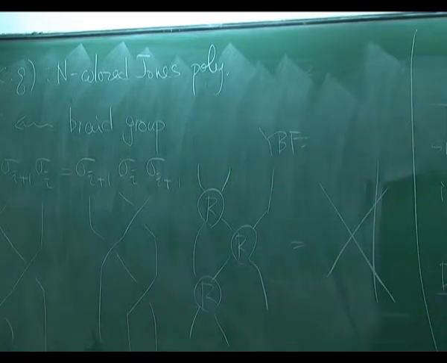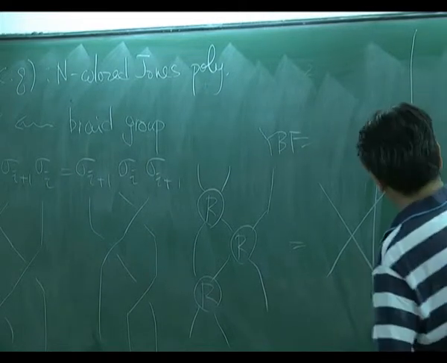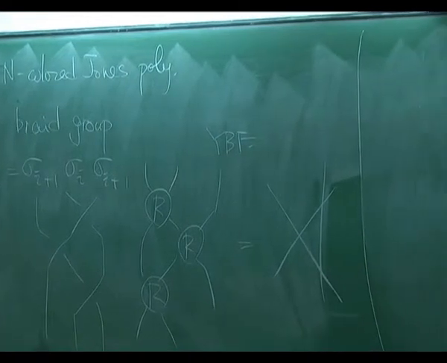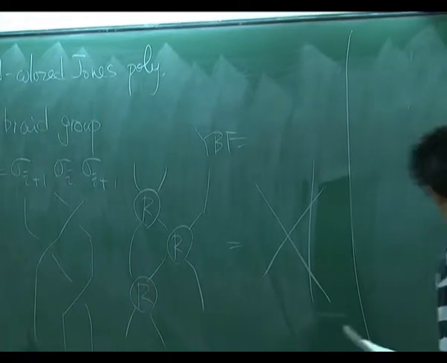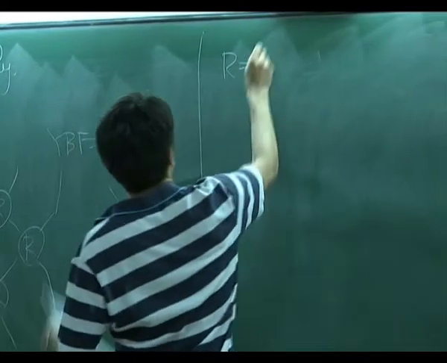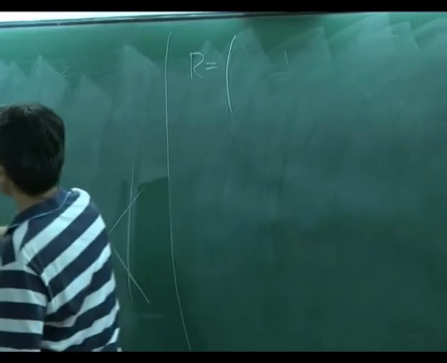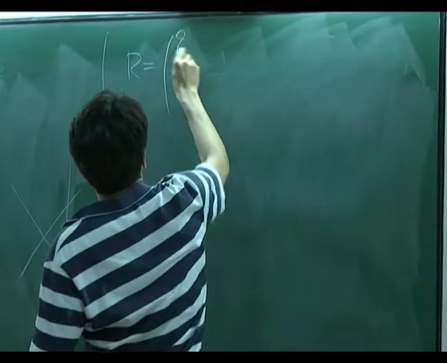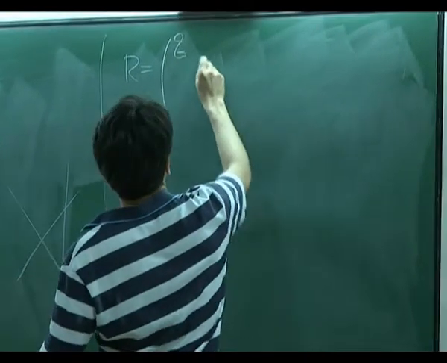The solutions of these Yang-Baxter equations are well established from the framework of quantum groups, and the most famous one is the Jones polynomial. And in that case, as examples of solutions of these braid group relations, we have 4 times 4.